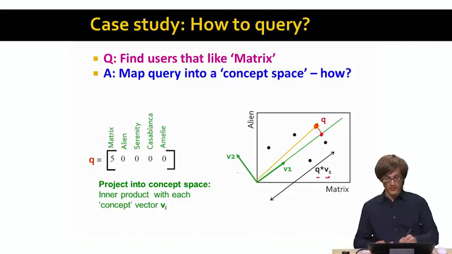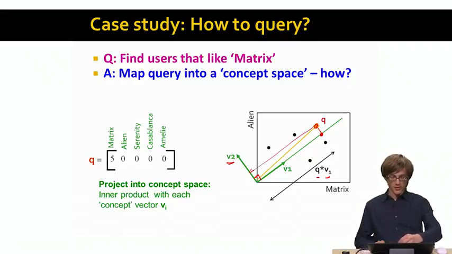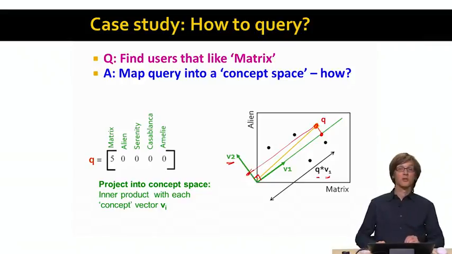The second singular vector is orthogonal to the first one, so here it is, V2, and when I multiply Q times V2, we get the projection of that data point, its position on the second singular vector. So that's basically what will happen.